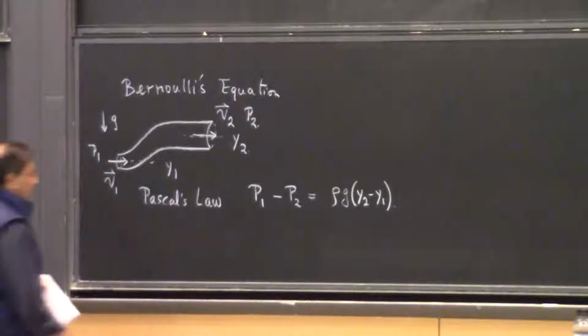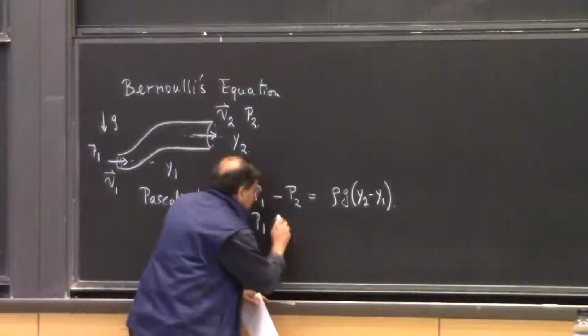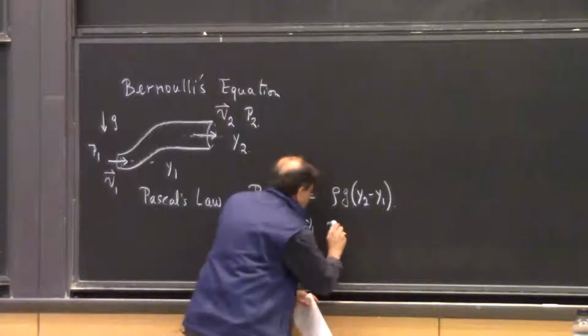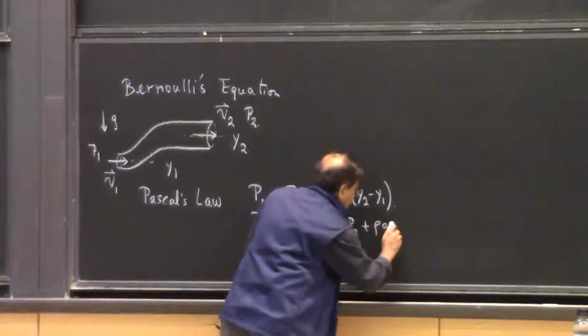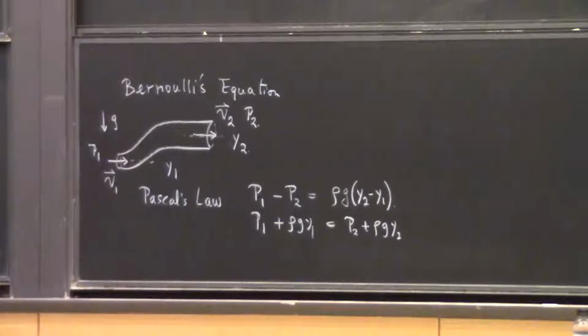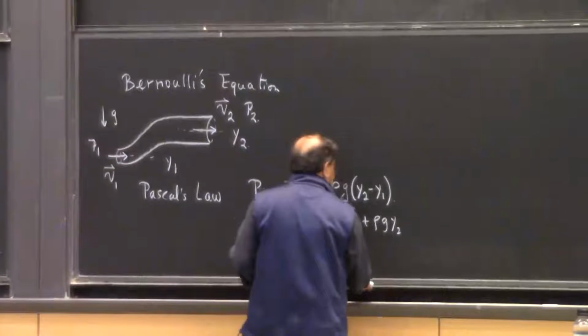So I should be able to write this as P1 plus rho g y1 is equal to P2 plus rho g y2. Nothing is moving here. Now, it's interesting to see something which I want you to observe very carefully.